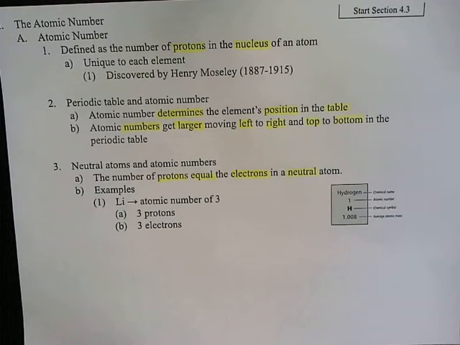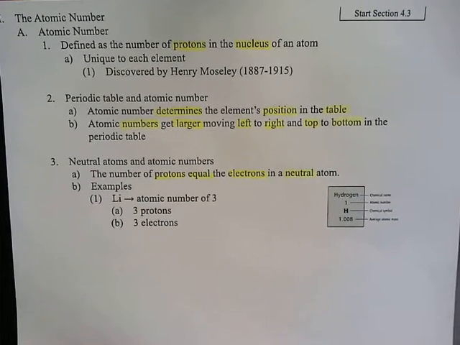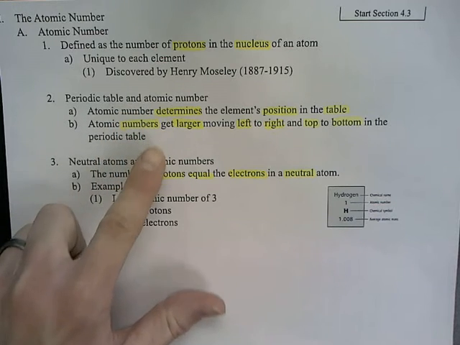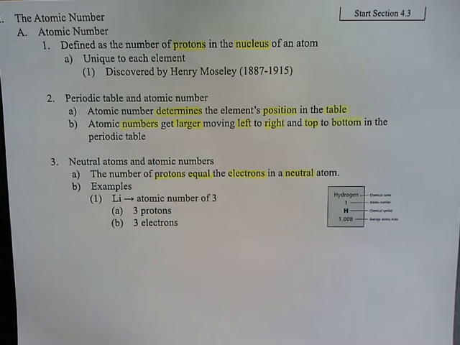So again, what I'm trying to say here is that each element has a unique number of protons. If that number is changed, we now change the element that we're working with. And I should also point out that these highlighted words should correlate to the blanks that you need to fill in on your notes. You also need to include anything that I write down extra on these notes.